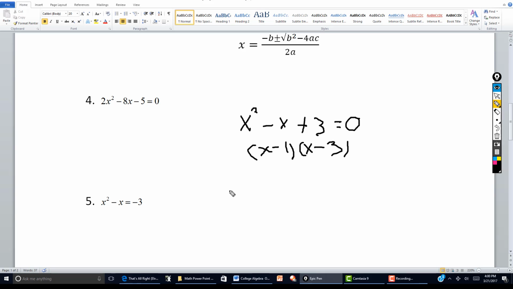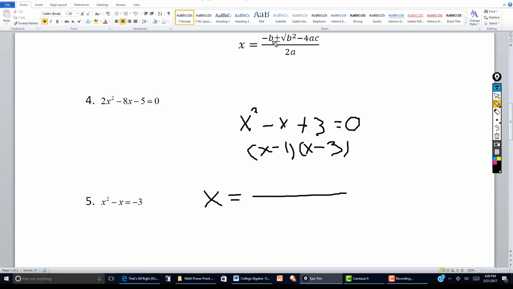So I've got to use the quadratic formula. So you can see here, a is going to be 1, that's the coefficient of the squared term. b is going to be negative 1, that's the coefficient of the x, and c is going to be 3. Okay, so using the formula then, it's negative b.